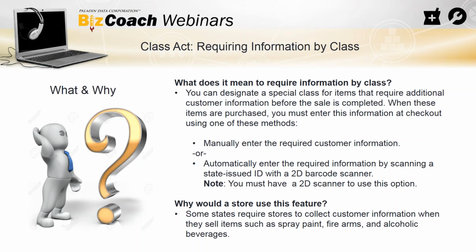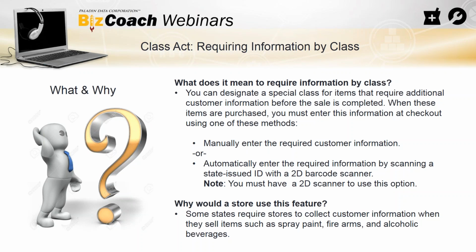And why would some stores use this feature? If you're selling one of these items, you're probably familiar with a couple good examples. Spray paint, where many states require that you collect a little bit of additional information. Any items that can be used to make drugs. Sometimes we sell some agricultural chemicals that can be turned and made into methamphetamine, and so we want to track sales on those items a little bit deeper.